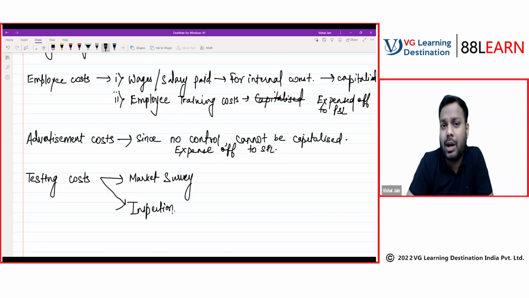Tell me, will the flight be made available to the general public without inspecting it? No, right? So this inspection enables the asset to be used, and hence the inspection costs will be capitalized.